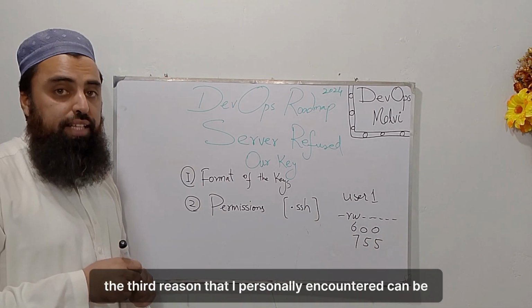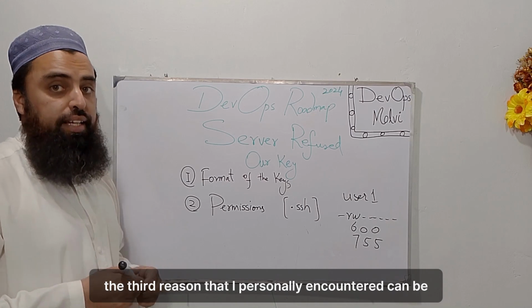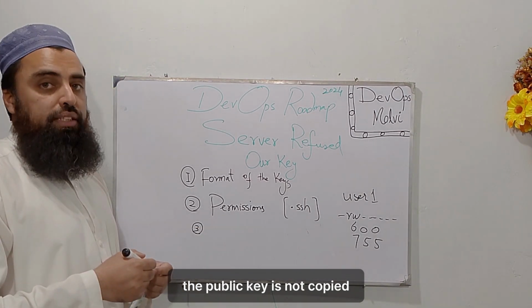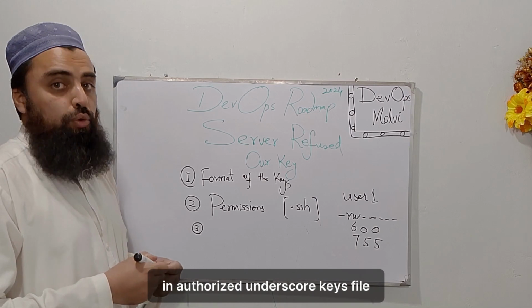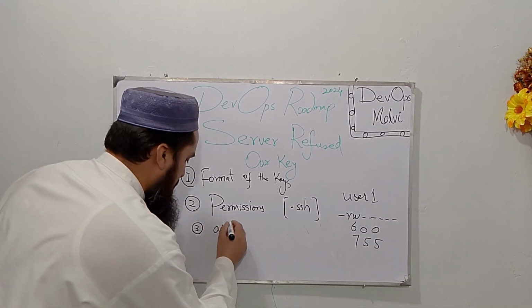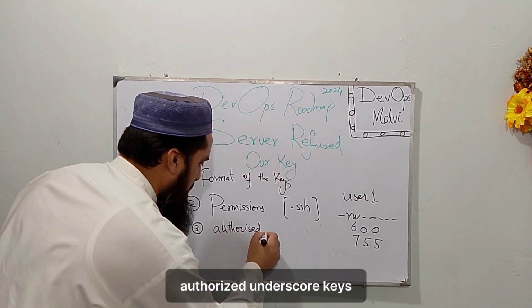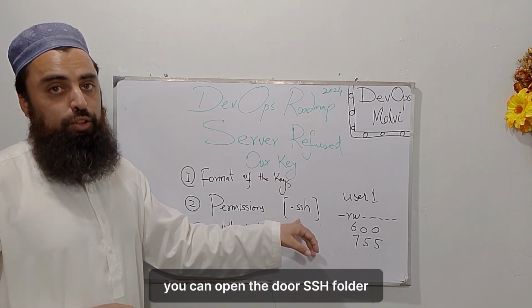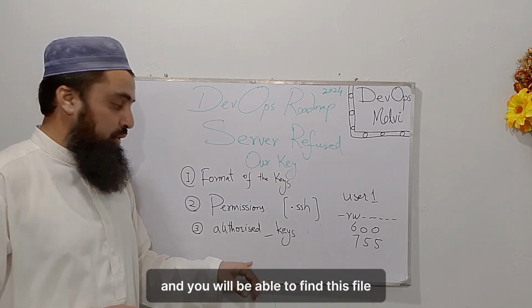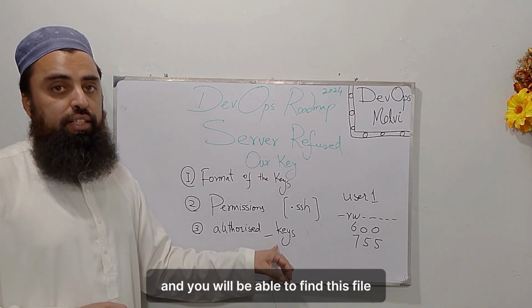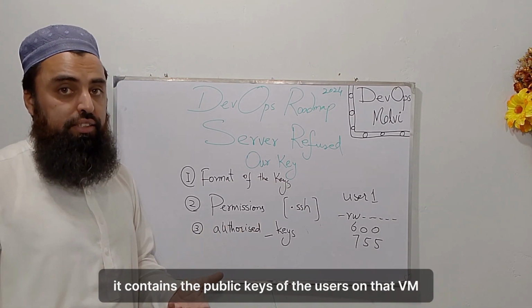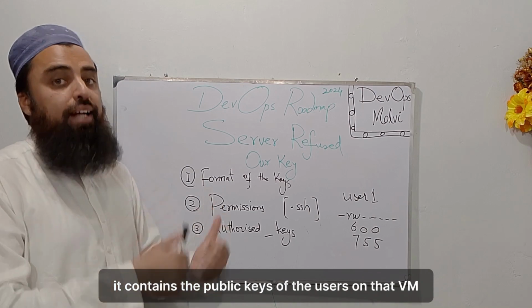The third reason that I personally encountered can be that the public key is not copied in the authorized_keys file. You can open the .ssh folder and you will be able to find this file, authorized_keys. It contains the public keys of the users on that VM.